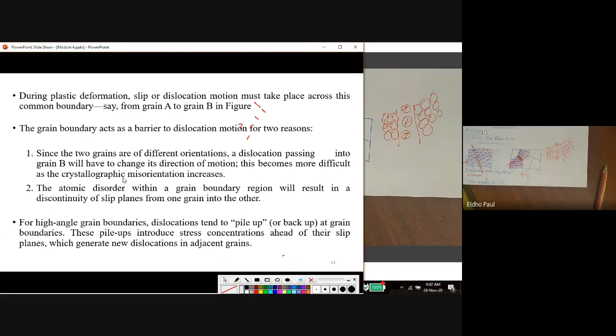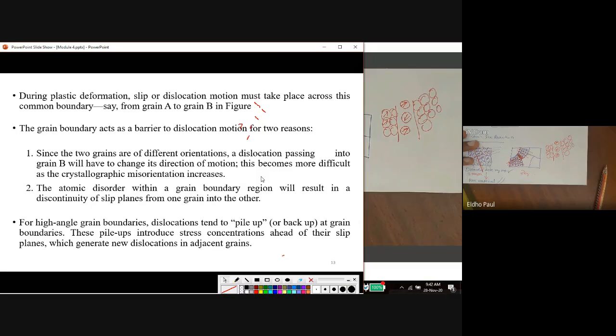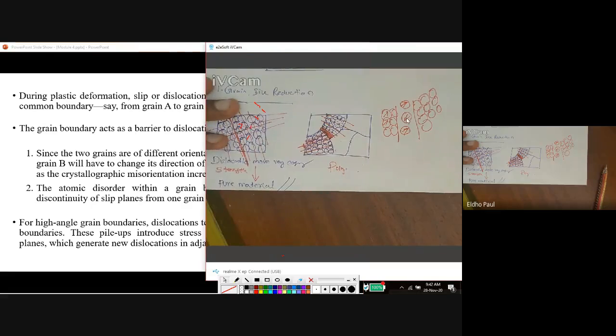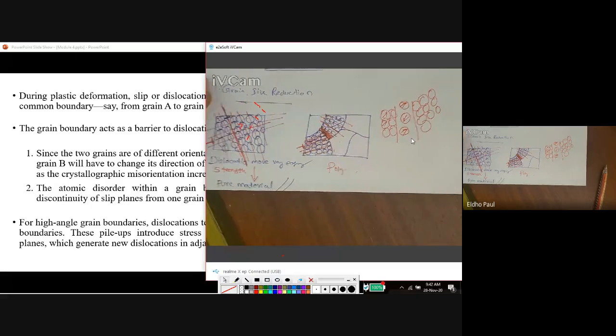The atomic disorder within the grain boundary region will result in a discontinuity in the slip plane from one grain to another grain. Already I explained, in this region we have some misoriented, loosely packed atoms in the grain boundary region. So the dislocation slip movement along the slip plane cannot further move into the next grain because of these grain boundary atoms.